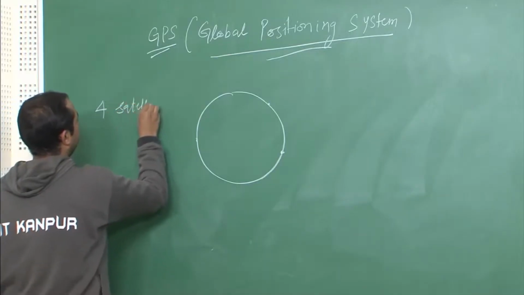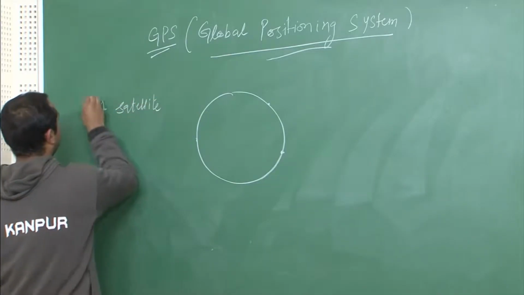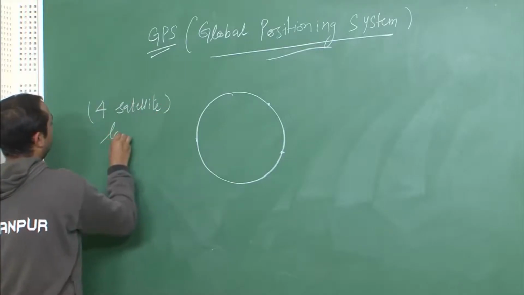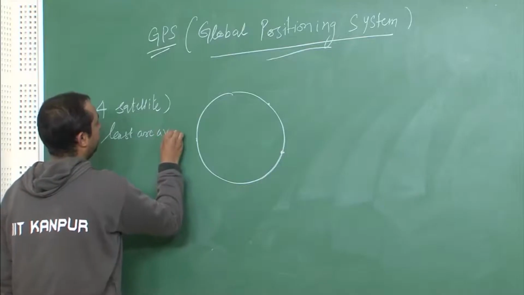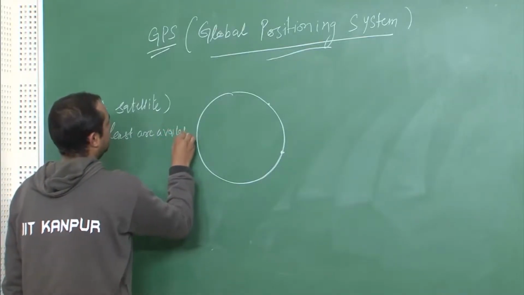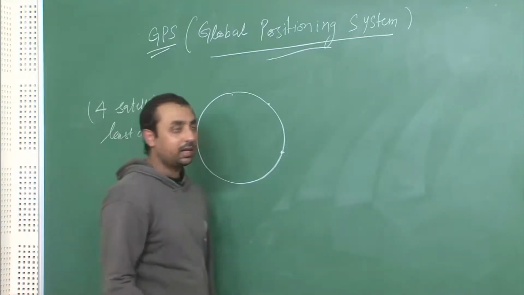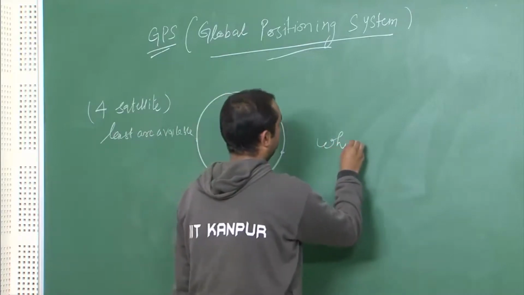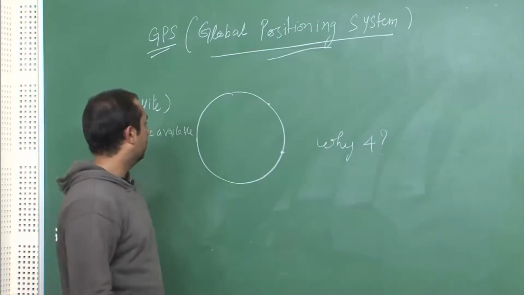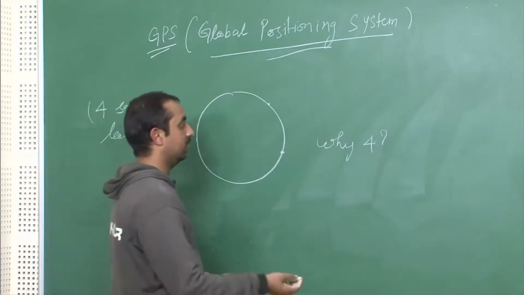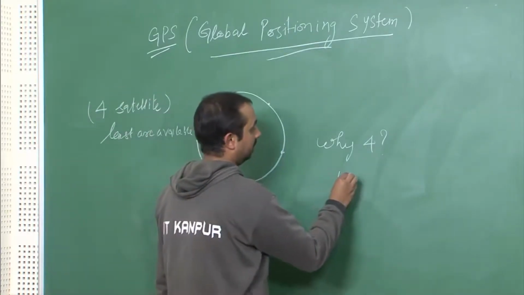Now the question arises, why 4? Because if you have access to one satellite, you can determine a point in one dimension. With two satellites, 2 dimensions, 3 satellites, 3 dimensions, and that's all we need.